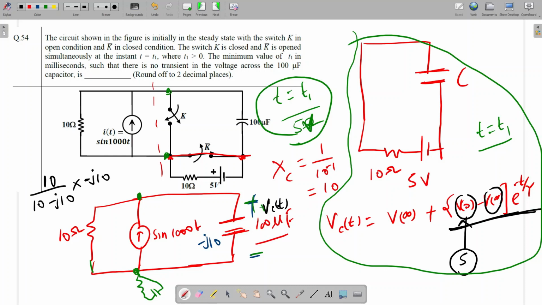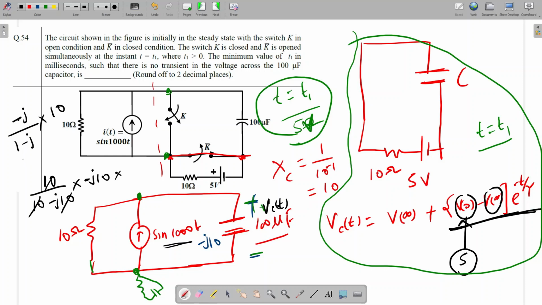Current division means opposite side divided by this summation, 10 minus J10, into this value, minus J10. This function will be multiplied here. So first we will take the value. This 10 will be cancelled, so it will be minus J by 1 minus J, into 10.